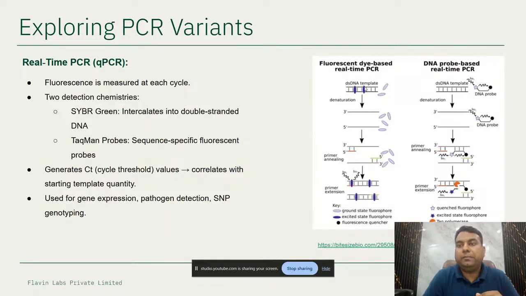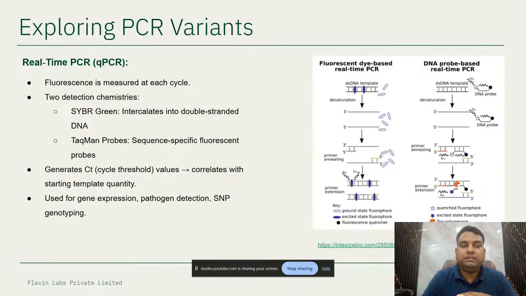In the DNA probe based real-time PCR, as you can see on your right, a DNA probe is used, and initially there is a quencher, represented here by the black dot. Its emission is stopped with the help of the quencher. Whenever the probe binds with the target cDNA strand, the quencher releases its fluorophore and it emits fluorescence, which again is recorded by the detector.